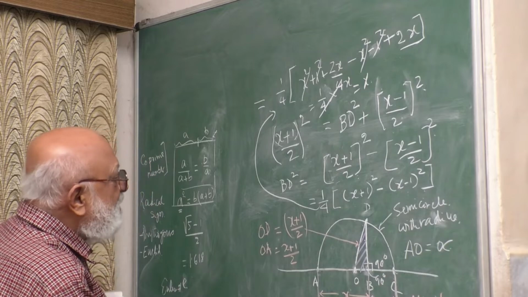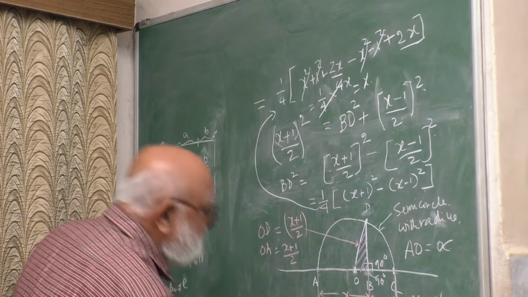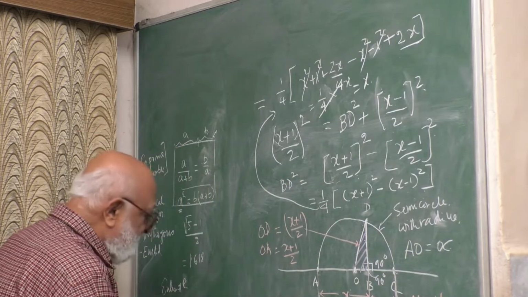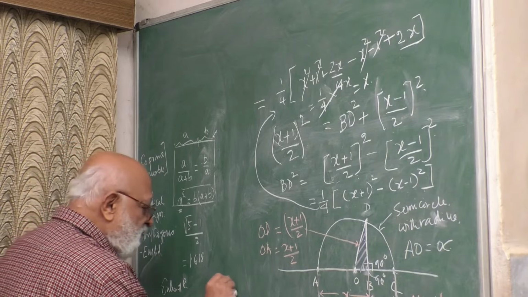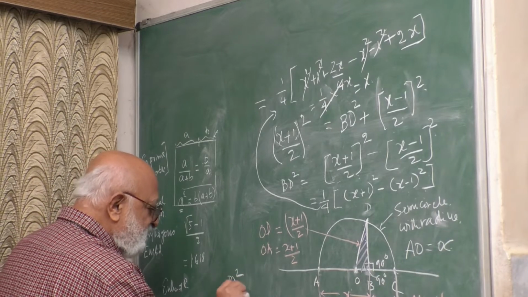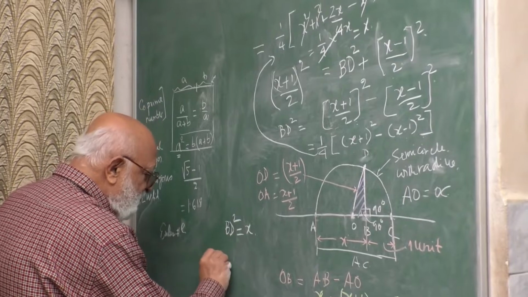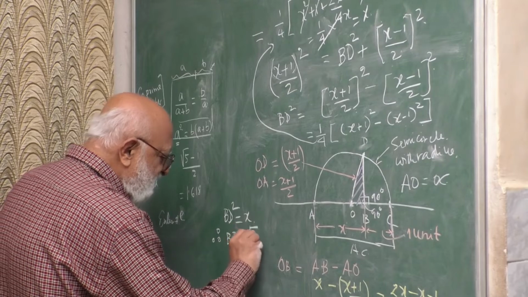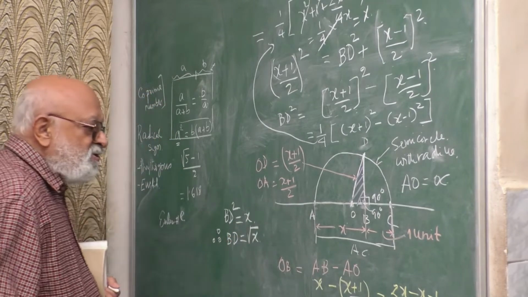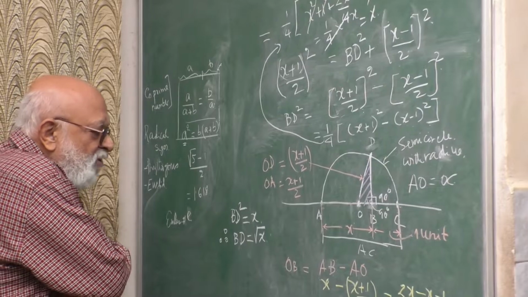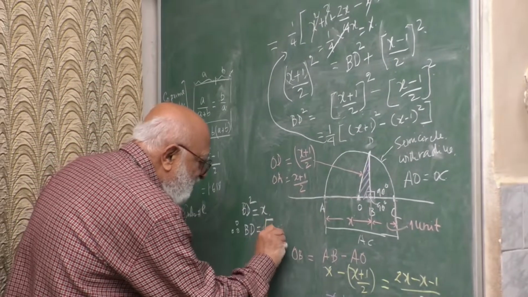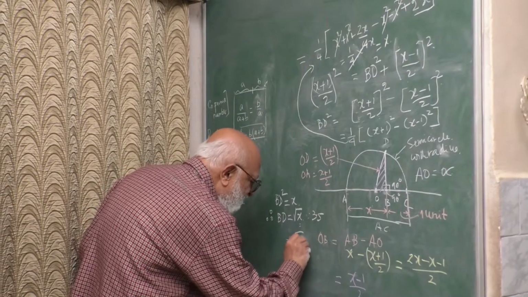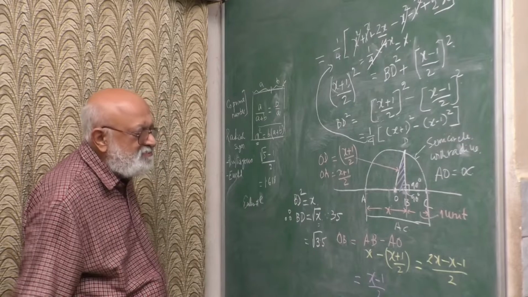So what did I get? I got BD square is equal to x. Therefore, BD is equal to root of x. So, what is the process? If I want to do, let us say x equal to 3.5, I have to find out root of 3.5. How would I do it?